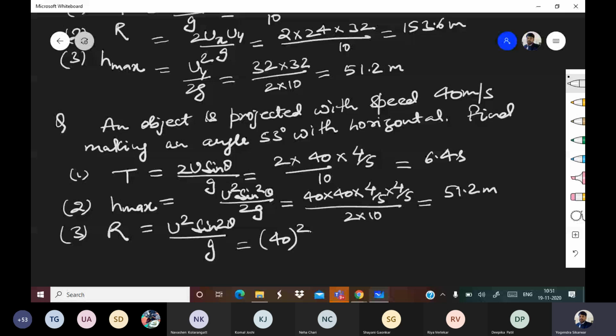Now the problem with sine 2 theta is that it becomes sine of 106, which we don't know, but we know 2 into sine 53, 4 by 5, into cos 53, 3 by 5, upon 10, and this will be 153.6 meters. Answer. Okay, please note that. Understood, everyone?